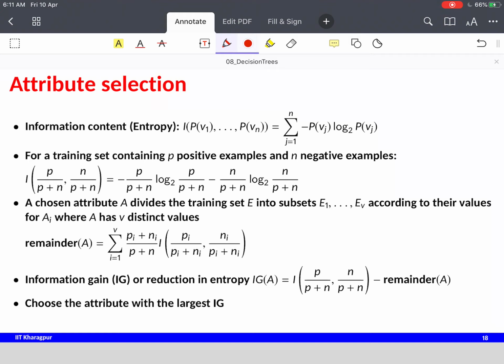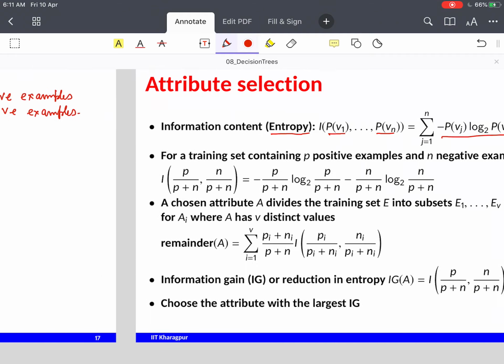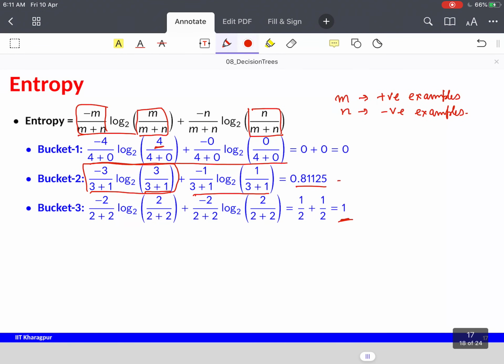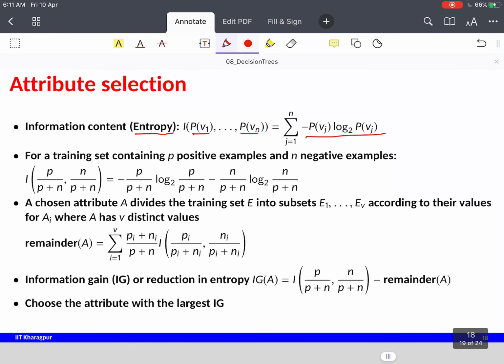So now coming to attribute selection for the problem. We would like to measure the information content, or the entropy. When we choose one of the attributes, it may divide the examples into several classes, and the information content based on that attribute will be defined in this manner, the same as the entropy that we have just seen. It's some probability times log of that probability.